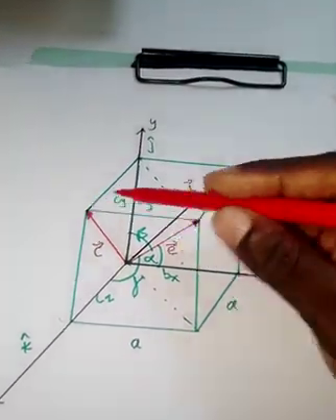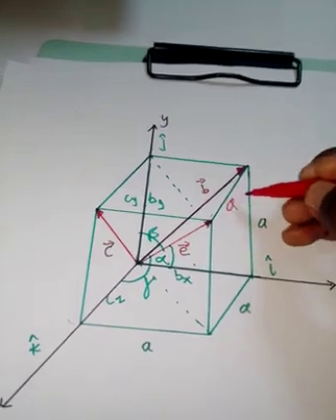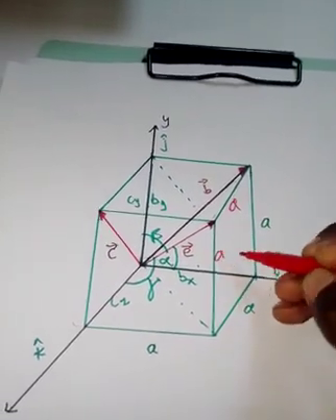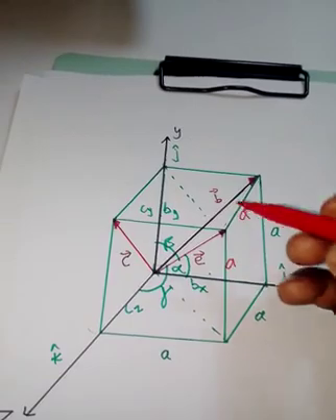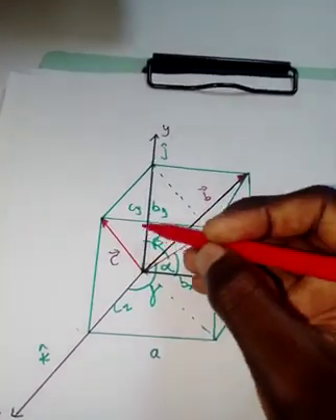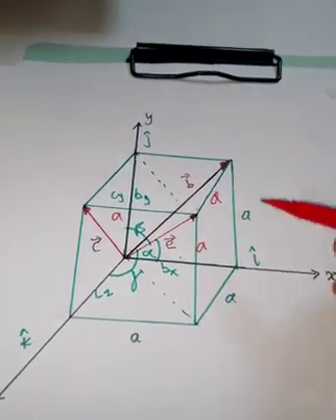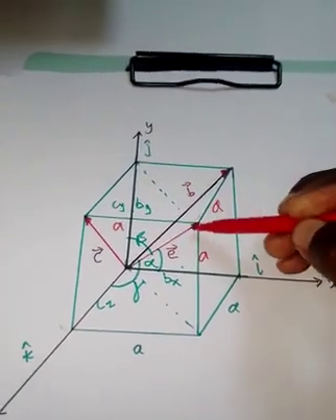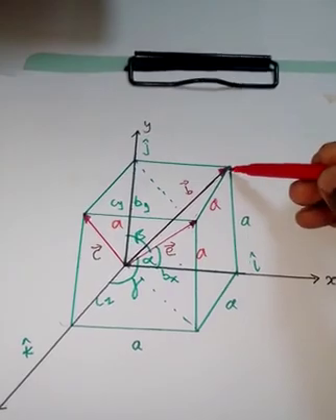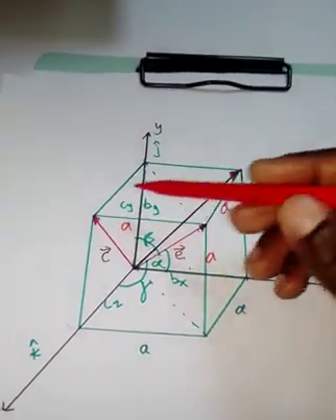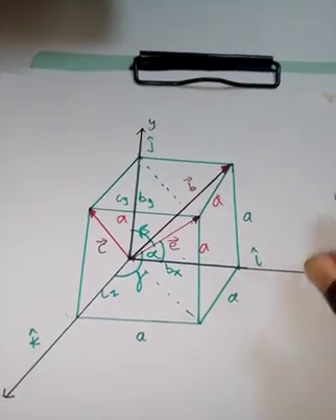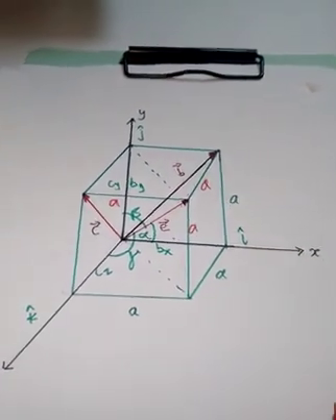From this point to the z-axis, it is a, and this is a too. From this point to the x-axis, a, to the z, a, to the y, a.